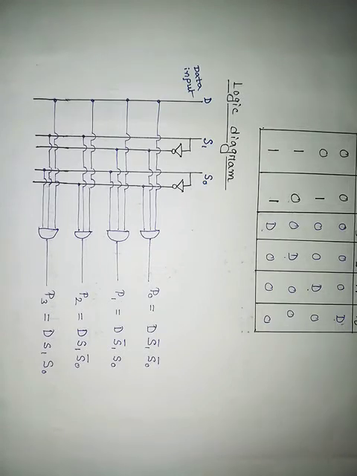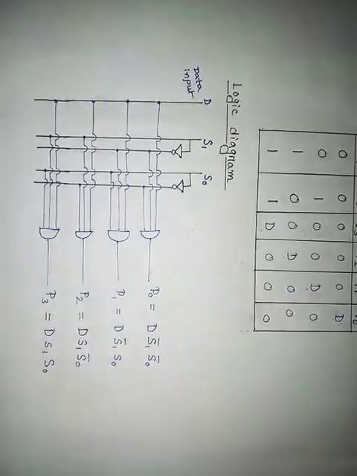Coming to the next part, p1, here also data is common, and the binary code is 0 1, so the first one is 0, that is s1 bar, and 1, that is s0. Here no bar will be used. Coming to the third part, also the data common line, but in p2 the binary combination is 1 0, so s1 is real and s0 is inverted.